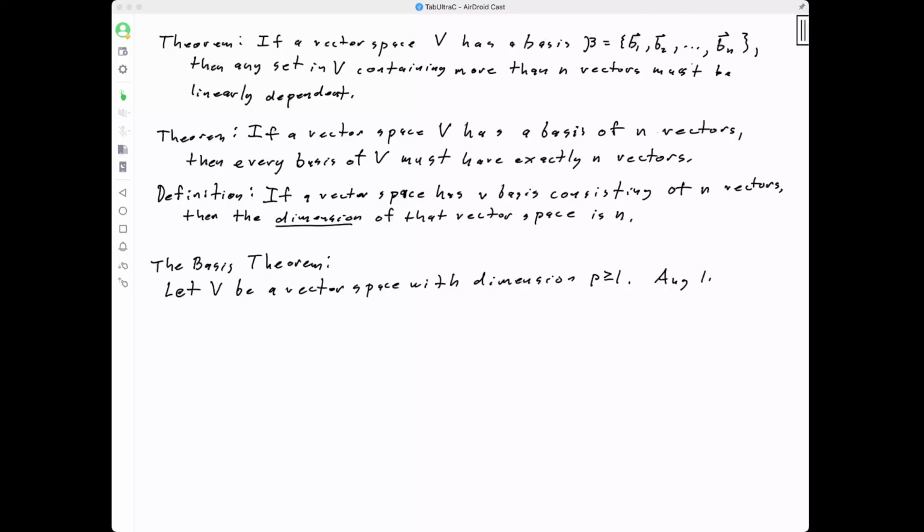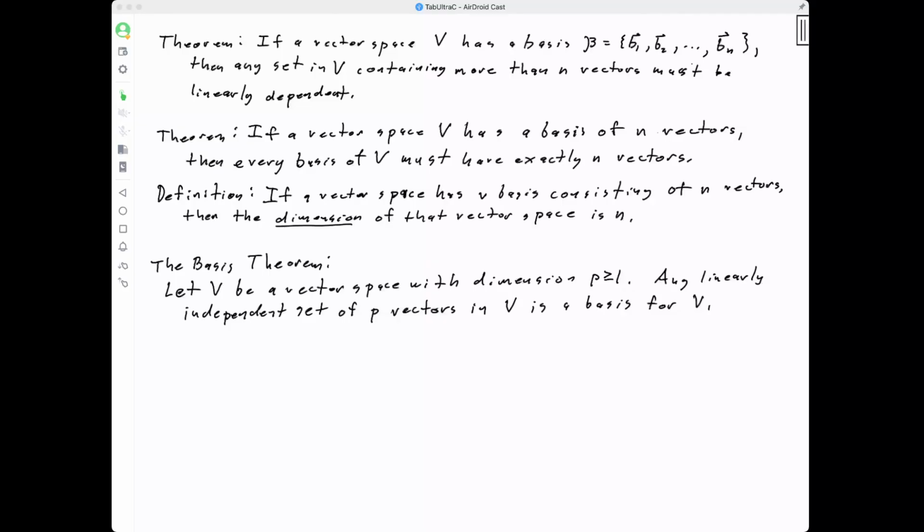Any linearly independent set of P vectors in V is a basis for V. So no matter which vectors you pick, if your vector space has dimension P and you have P different vectors that are linearly independent, then you have a basis.